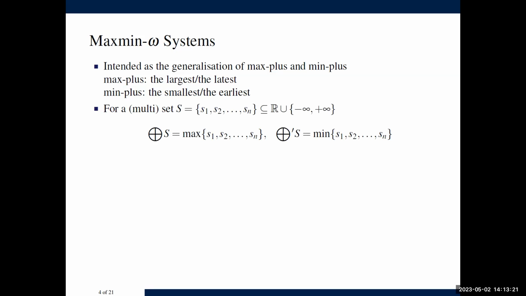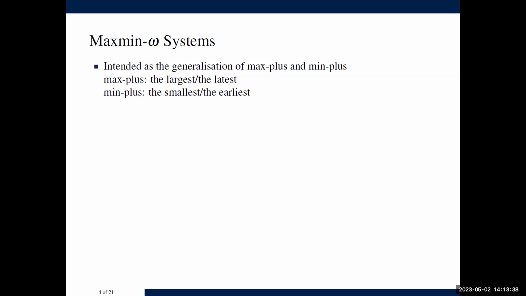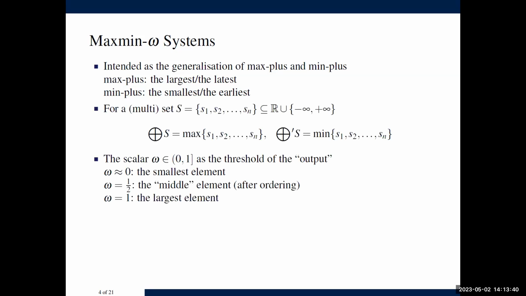This one is like the sigma in algebra: we have a big O plus, meaning we have a set or multiset S1 until Sn, and we take the maximum of this set, while this other one is the minimum. Now we have the threshold omega, which determines the output of the set.